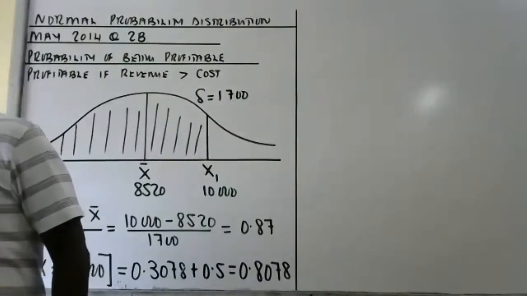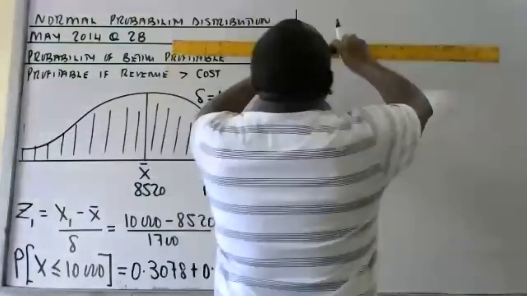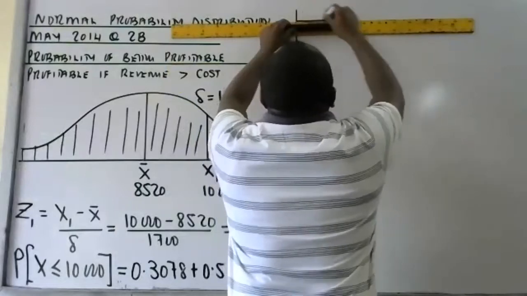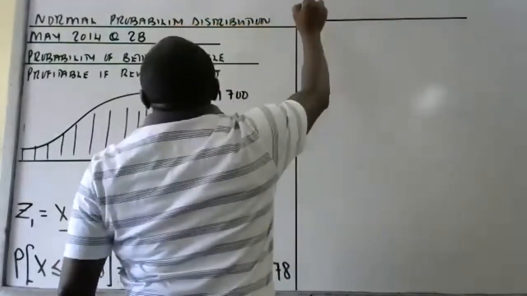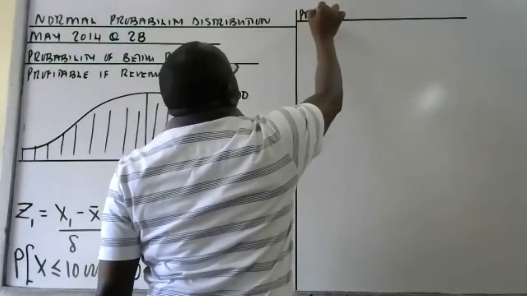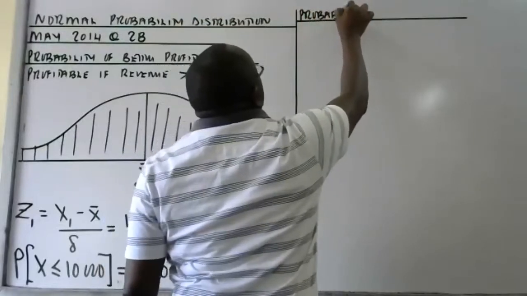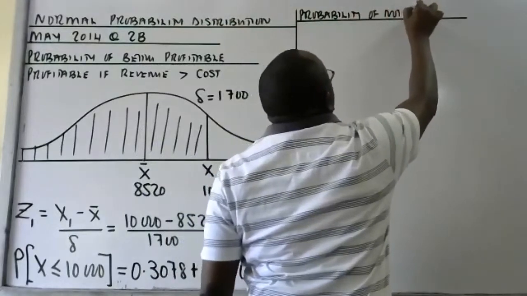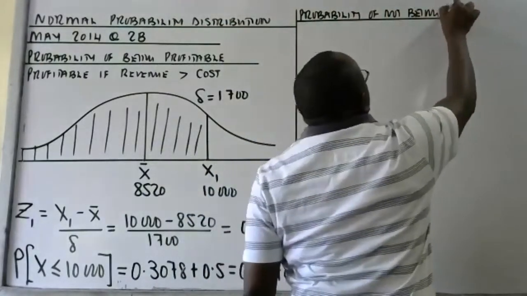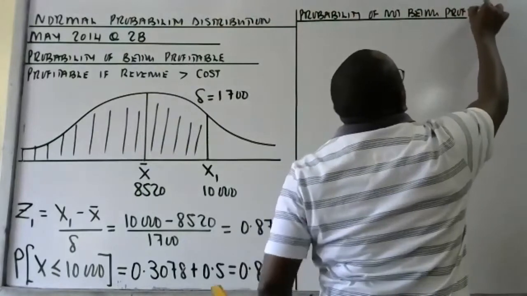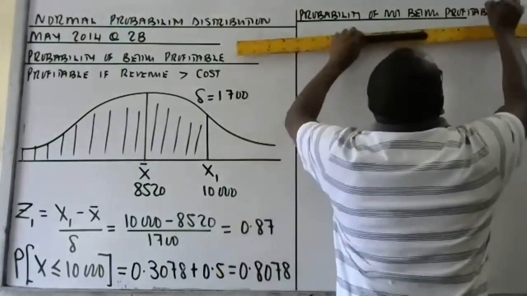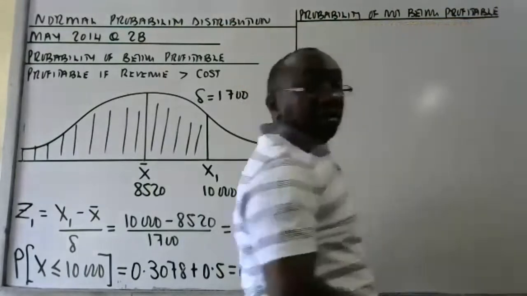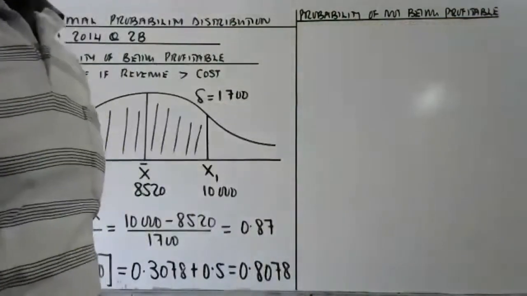The next question says the probability that the project will not be profitable. So, probability of not being profitable.